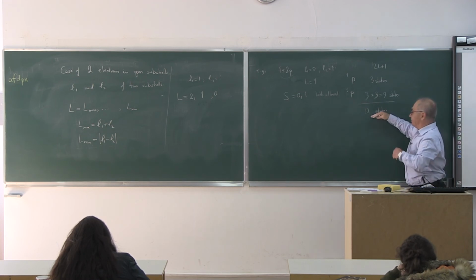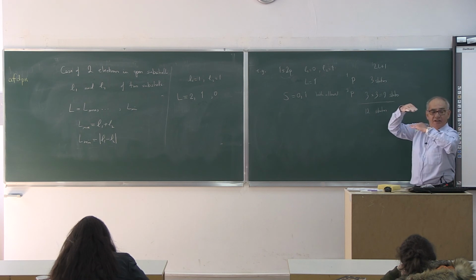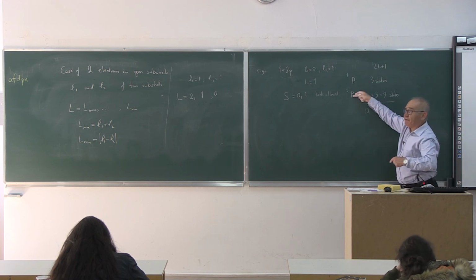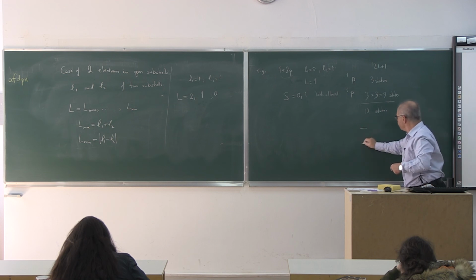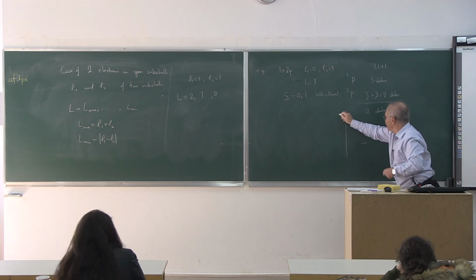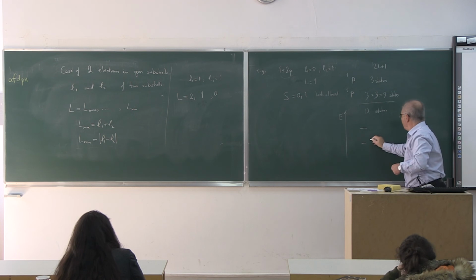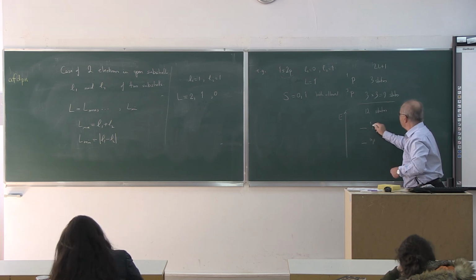These 12 states are split in energy into 2 energies. The singlet energy is different from triplet energy. In other words, it's like this, in increasing energy. Calculation shows that triplet is lower in energy than singlet.